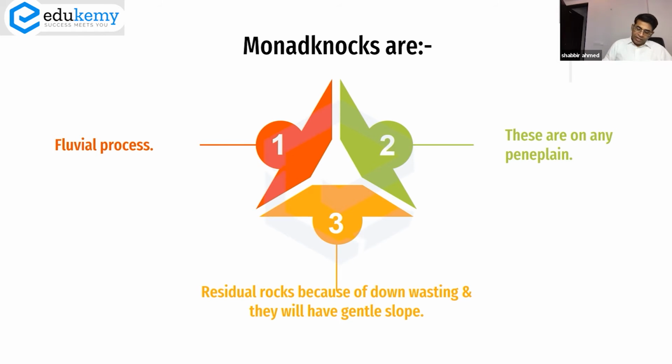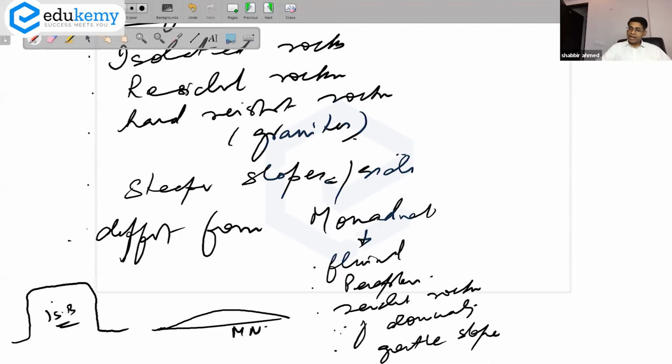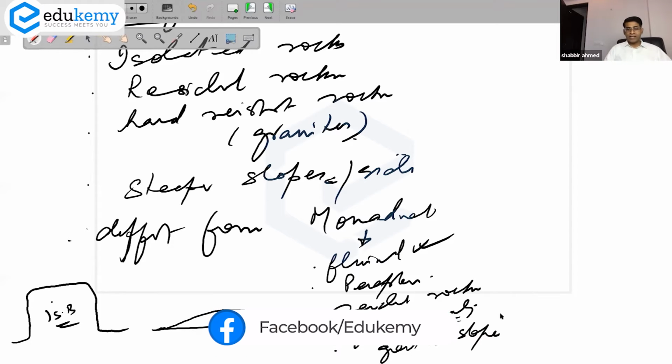So if this is an Inselberg, then this is a monadnock. Monadnocks are entirely fluvial in origin. The process is what's called down wasting. If you remember the Davisian model of down wasting, the residual rocks on the Davisian peneplain.